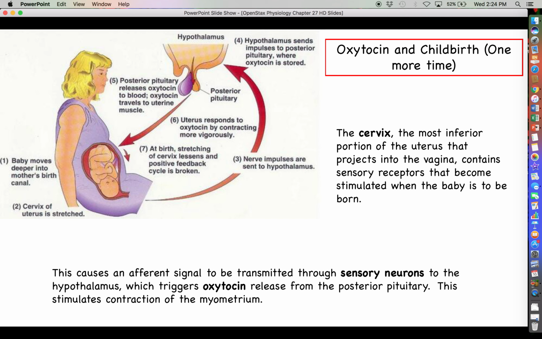And you know the story from there. We get contractions, the baby gets pushed along further into the birth canal, we get more pressure being placed on the cervix, and then more oxytocin, more contractions, and the whole thing just repeats ad infinitum, or at least it would if the baby didn't eventually get born, which is what eventually causes this whole loop to be broken.